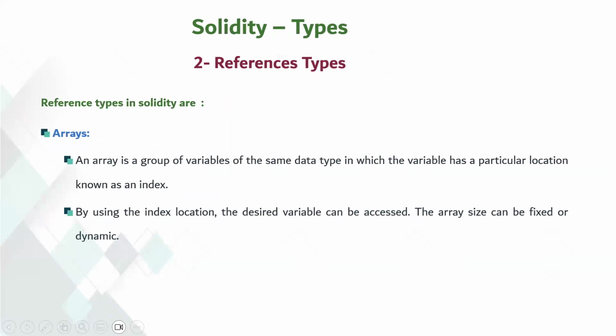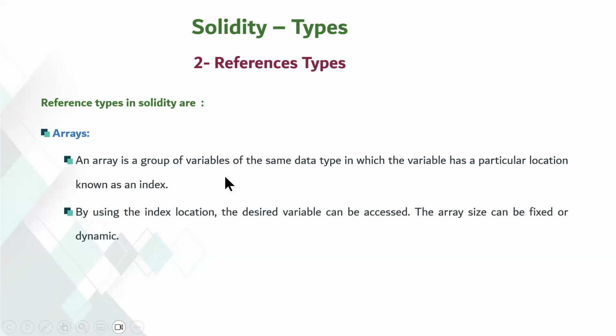Let's talk about array as the first type of reference types. Arrays store a group of variables of the same data type, allowing access through index locations. Arrays are data structures that store a fixed collection of elements of the same data type, in which every element has a specific location called an index.